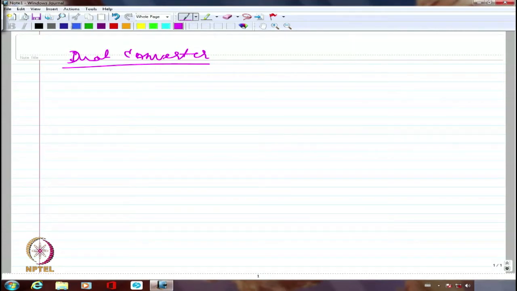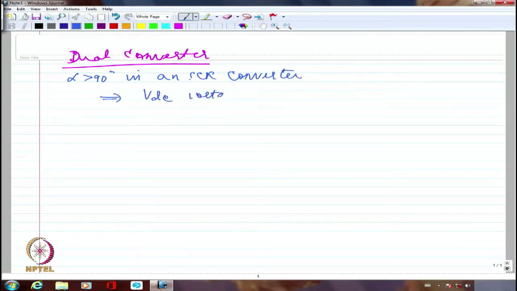We said when alpha is greater than 90 in an SCR converter, we are normally going to see that the DC voltage reverses. But we are not going to see a reversal in the polarity of the current. So IDC will not reverse, but VDC will reverse.